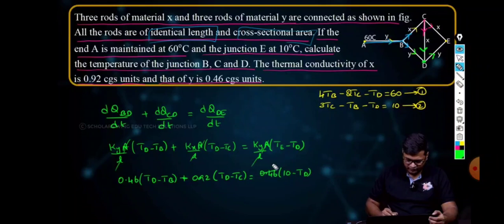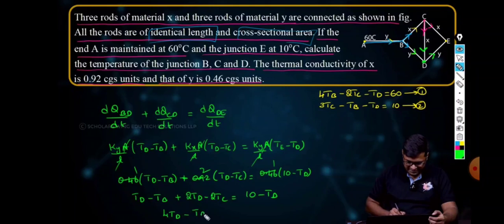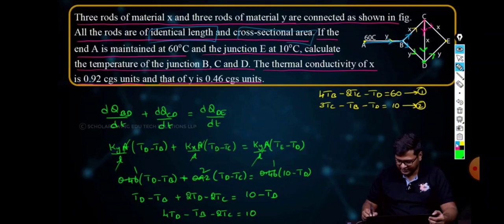Okay, 0.46 once, 0.46 twice, 0.46 once. So TD minus TB plus 2TD minus 2TC is equal to 10 minus TD. So 2 TD, TD and one more TD. So 4 TD minus TB minus 2 TC is equal to 10. This is the third equation.